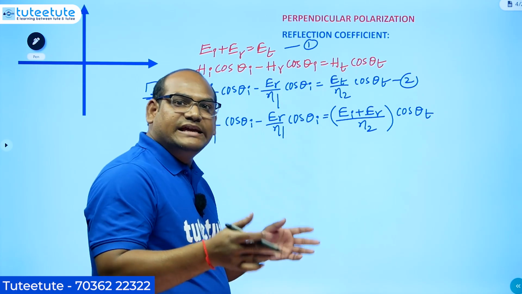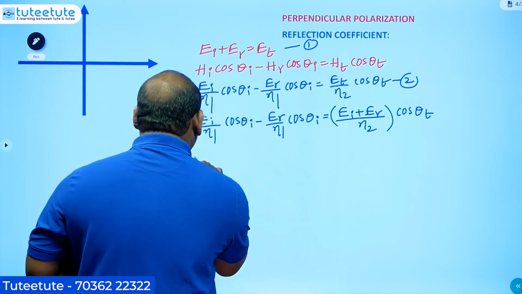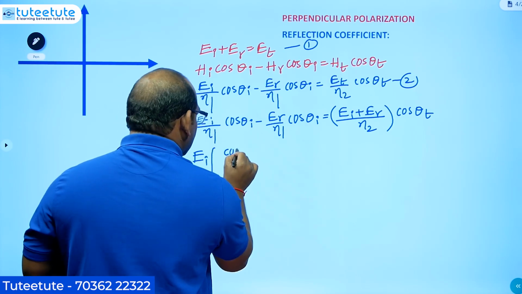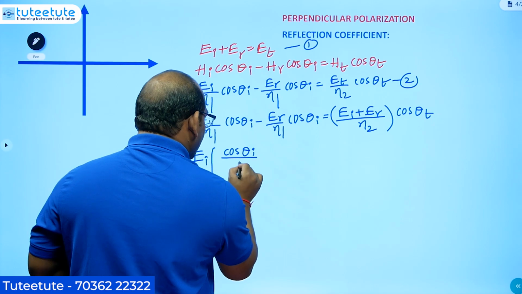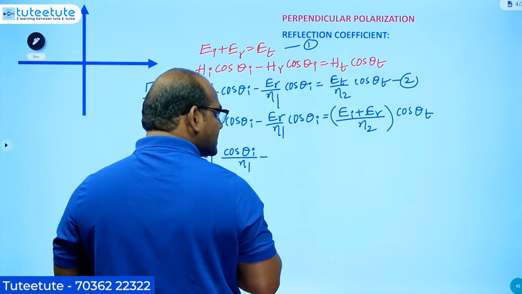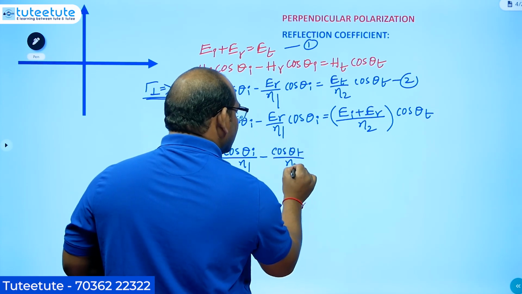Now we can write all the EI terms at one place and all the ER terms at one place. Taking EI common, here we have cos theta I by eta 1; by sending the other term to this side, minus, we get cos theta T by eta 2.